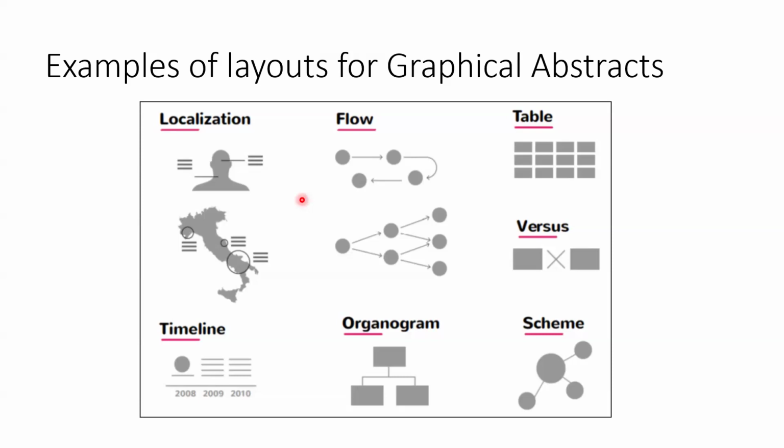Describing the locations in a text abstract is so difficult, and also the flow, the processes, mechanisms, and experimental methods can all be described in a flow chart, right? Sometimes statistical comparisons, categorically arranged or comparative data, can be very clearly presented by a table, right? And you can have graphs compared.